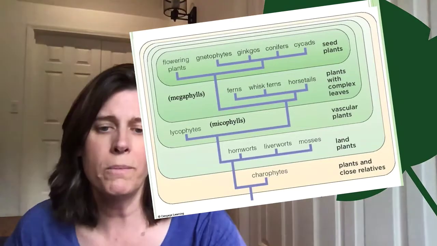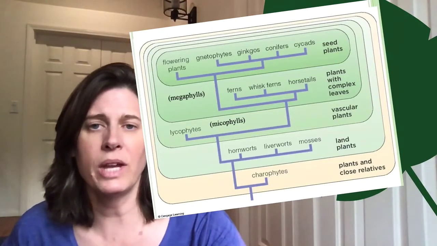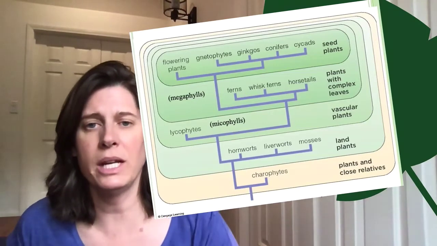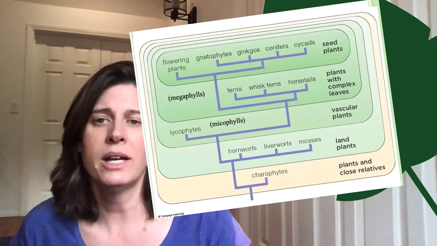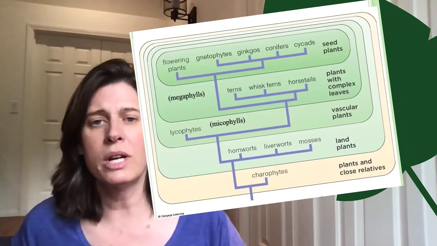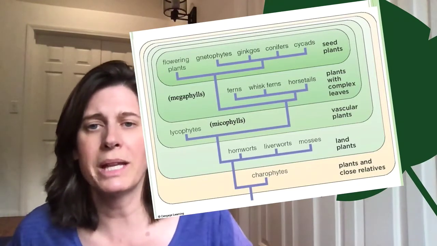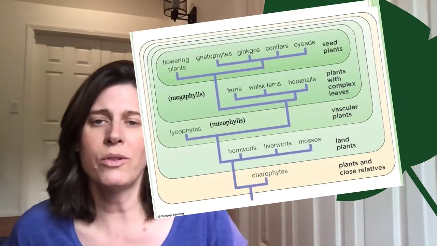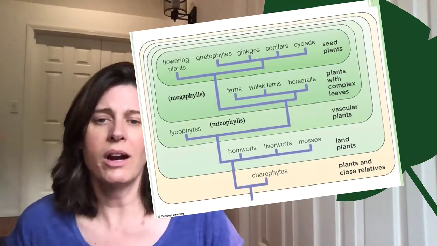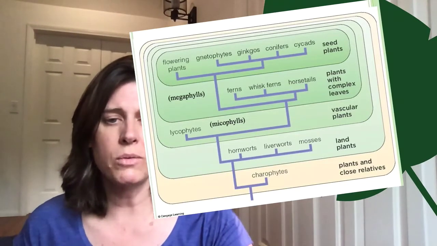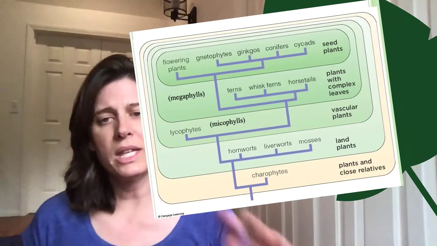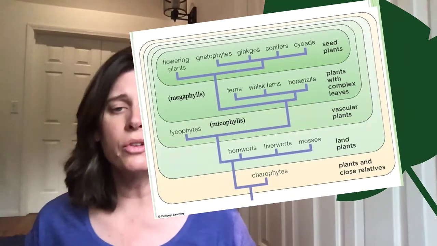Starting at the bottom, the charophytes are the most ancient living relative between the algae and what became plants, right? And then as you go up through the tree, you start to see more complexity because the organisms are acquiring traits that are helping them to adapt to the drier conditions. So another way to read this is you see everything has circles around it.